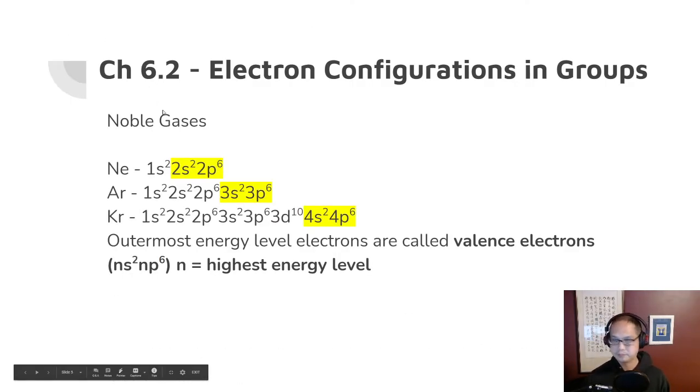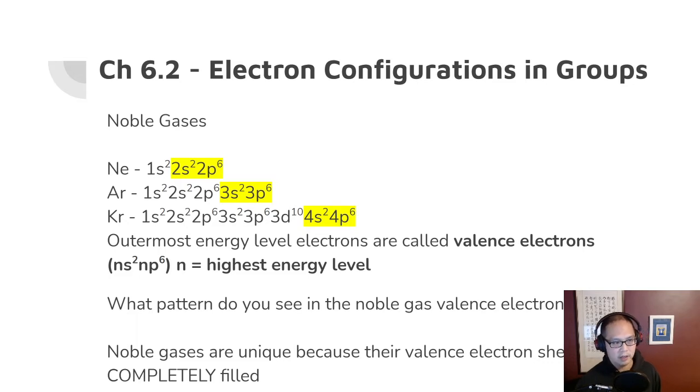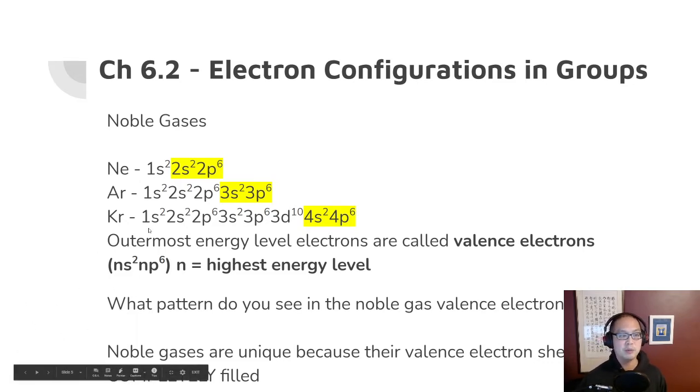Now, what pattern do you see in the noble gas valence electrons? I already talked about that. Noble gases are unique because their valence electron shells are completely filled.